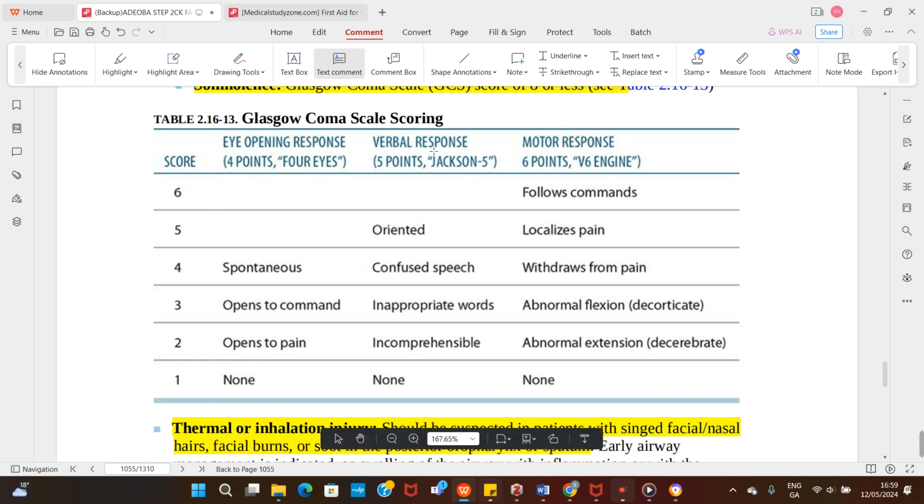For the verbal, you try to talk to the patient, ask him where he is, what time of the day it is, all those kinds of things to establish orientation in time, place, and person. So if the patient is well oriented, assign a score of 5. If the patient still talks to you, but there is an element of confusion or disorientation, that's confused speech, assign a score of 4.